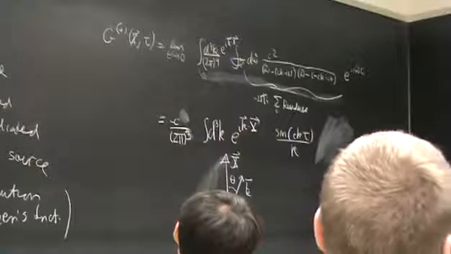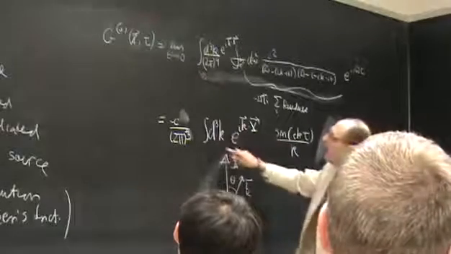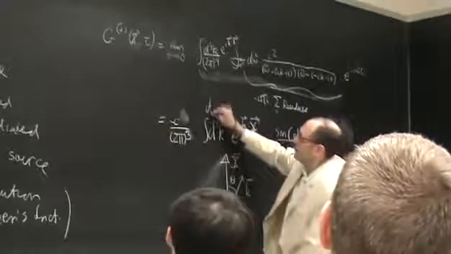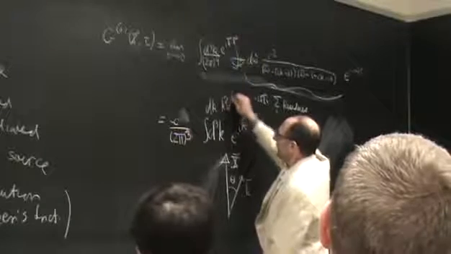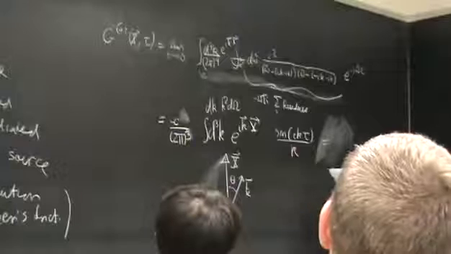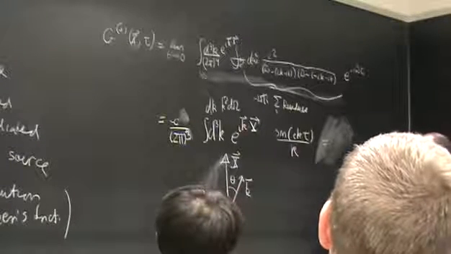So we write this in terms of spherical coordinates, dk times k squared d omega. Do this integral, and we get the following. I wrote the algebra here in the notes. It's boring.